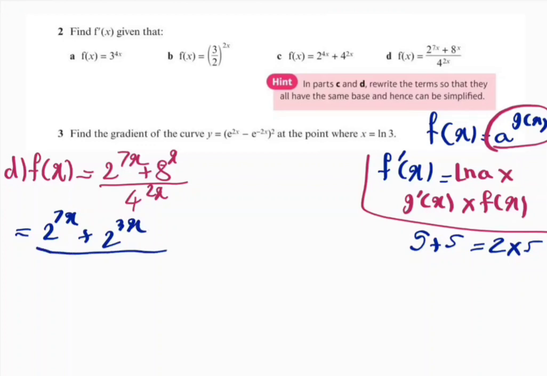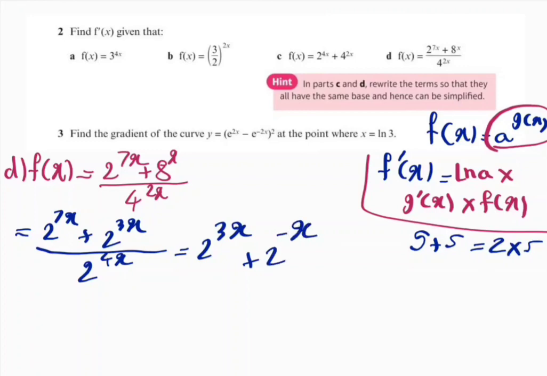And 4 is 2 squared, and 2 squared times 2x is 2 to the 4x. We can also simplify this, so we can divide each of these terms by 2 to the 4x. So 2 to the 7x divided by 2 to the 4x is 2 to the 3x. And 2 to the 3x divided by 2 to the 4x is 2 to the minus x.